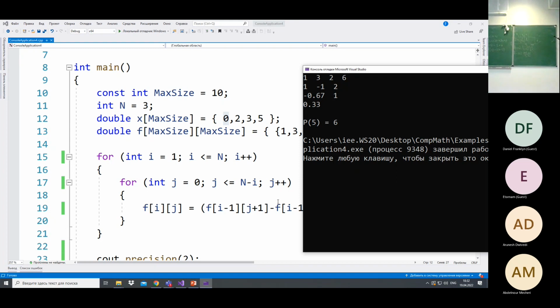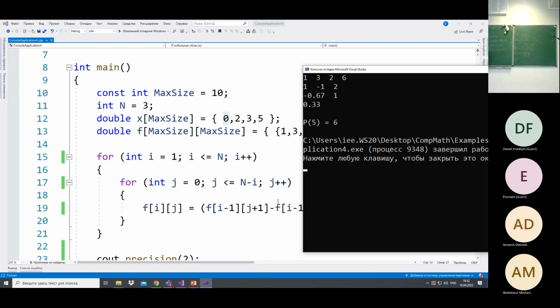What is P2 of 1? It will be 2, minus... Here x equals 1. This is 1.